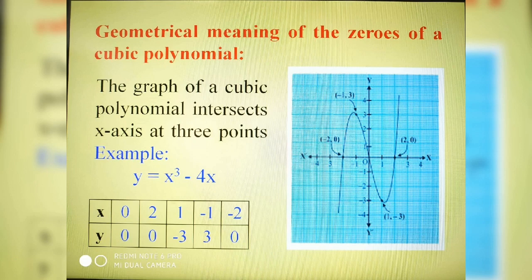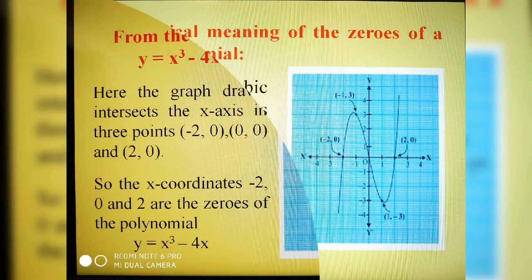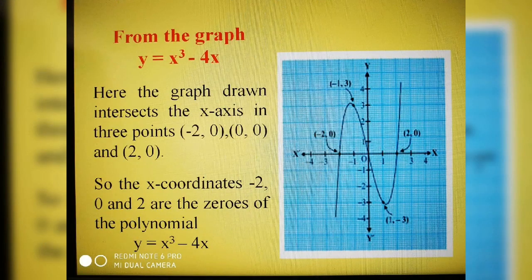By locating the points of the table on a graph paper and drawing the graph, we see that the graph looks like this, and it intersects the x-axis at 3 points: (-2, 0), (0, 0) and (2, 0). So the x coordinates minus 2, 0 and 2 are the zeros of the polynomial y is equal to x cube minus 4x.